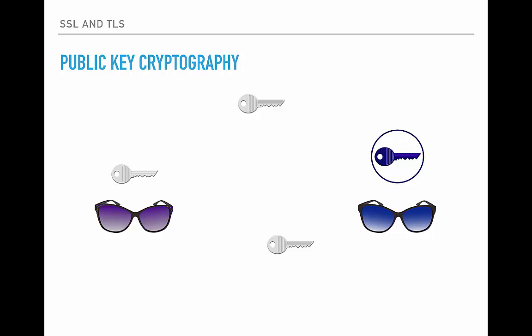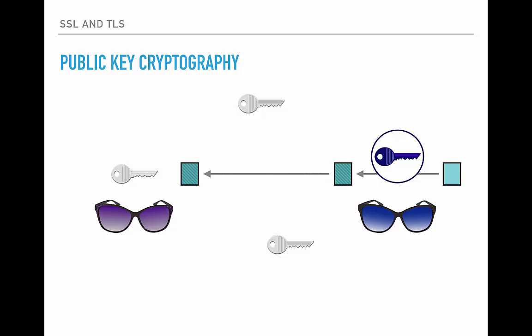Now let's look at what happens when a message is sent in the other direction, when a message is encrypted with the private key and decrypted with the public key. Suppose Mr. Blue has a document. He encrypts the document with his private key. Then he sends the message to Violet.